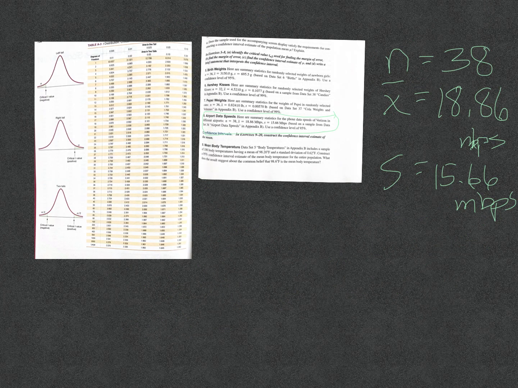So number one, we check the conditions and see if those are met. We can assume that number 8 is a simple random sample. A simple random sample, that's a condition. We can assume that the population is normally distributed or the sample size is bigger than 30.